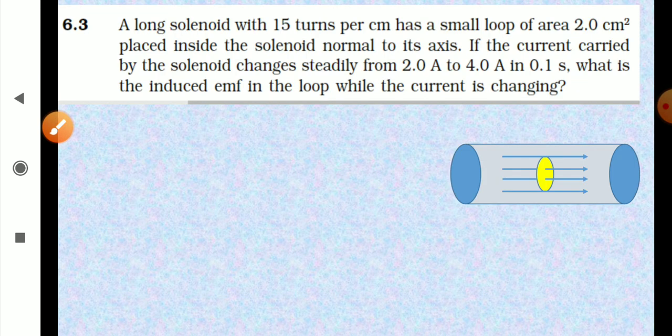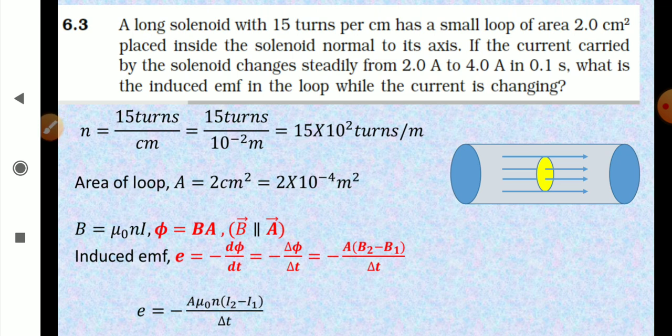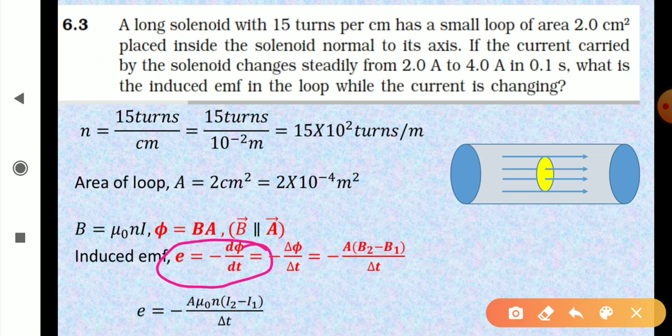Okay. Now comes the problem. So, we have to find out the induced EMF, and the relation for induced EMF is minus d phi by dt. So, first we have to find out this flux, and the things which are given are the number of turns, 15 turns per centimeter, that is 15 turns upon 10 raised to the power minus 2 meter, or 15 into 10 to the power 2 turns per meter.